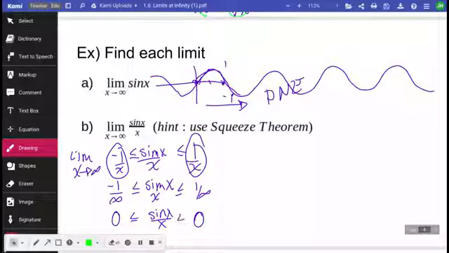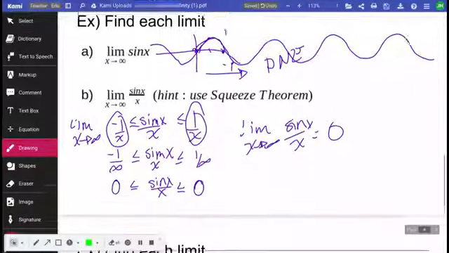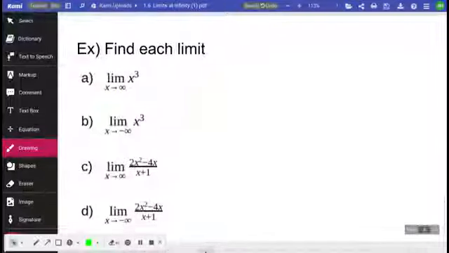Therefore, we're squeezing it between 0 and 0, so the limit as x approaches infinity of sine x over x is equal to 0. So that's an interesting concept, the squeeze theorem. We might see the squeeze theorem one other time, but I just wanted to show you some of the manipulations that you can do in problems.